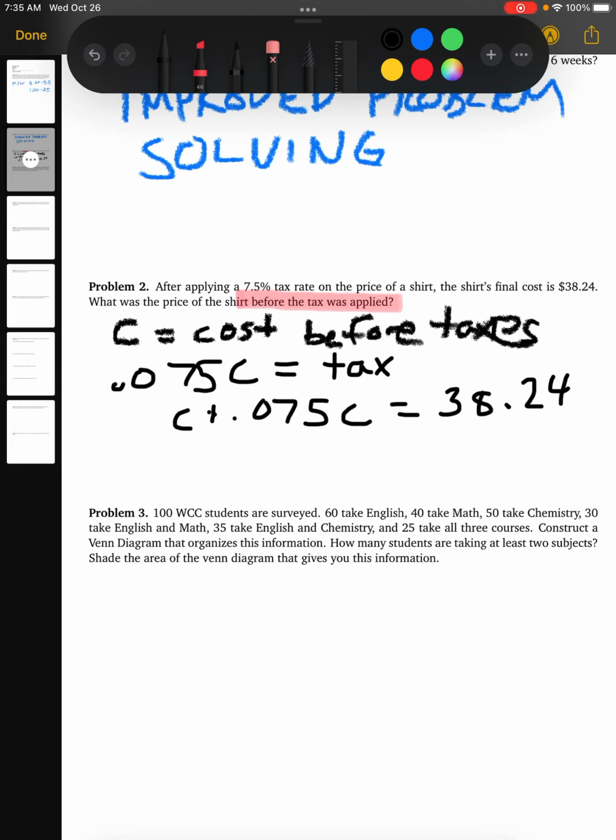So then I can say 1.075 C should be equal to $38.24. And then I want to divide both sides by 1.075. So I'm pulling up my calculator, and I'm going to take 38.24 and divide that by 1.075.